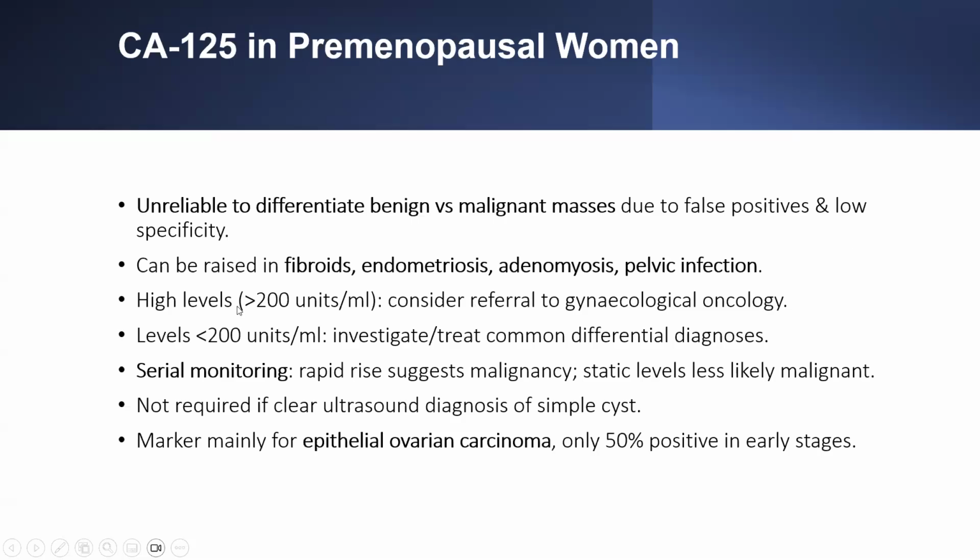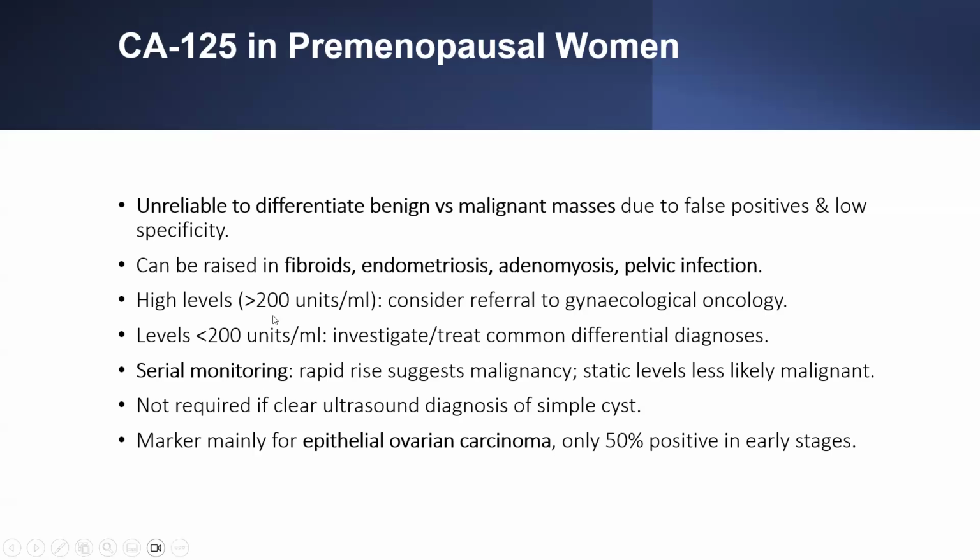However, if high levels are found, more than 200, then you have to consider referral to gynecological oncology. If the levels are less than 200, then investigate or treat common differential diagnoses, like endometriosis, adenomyosis.